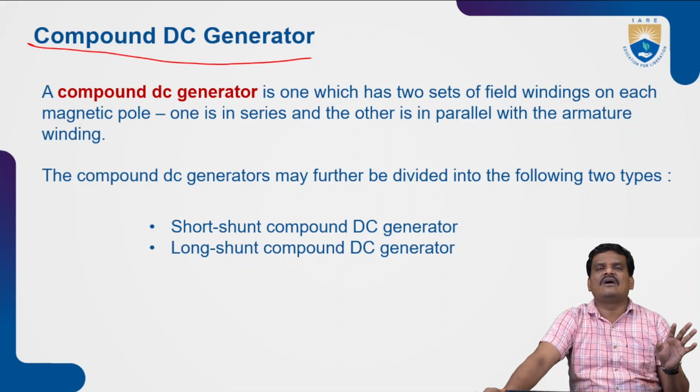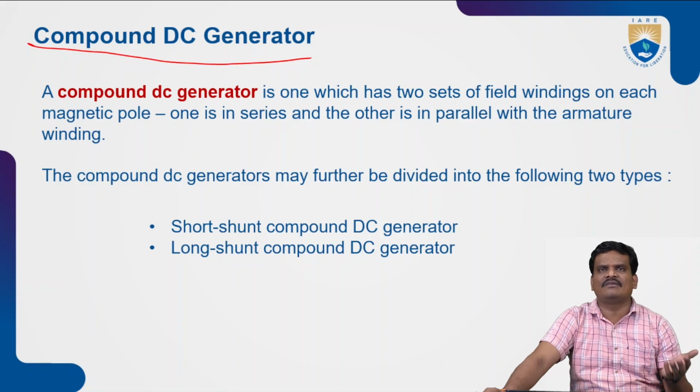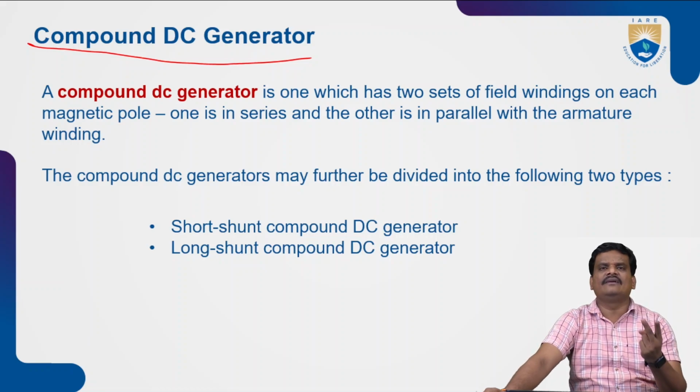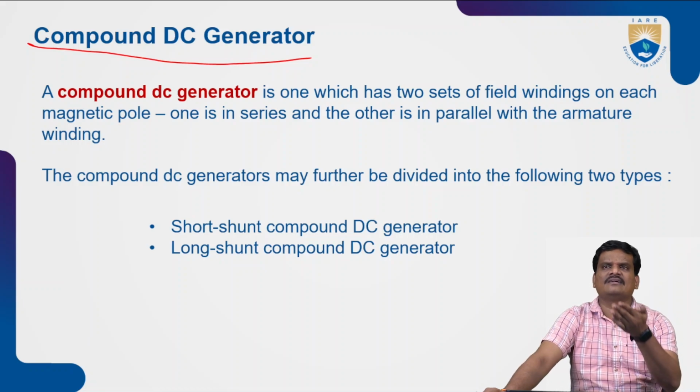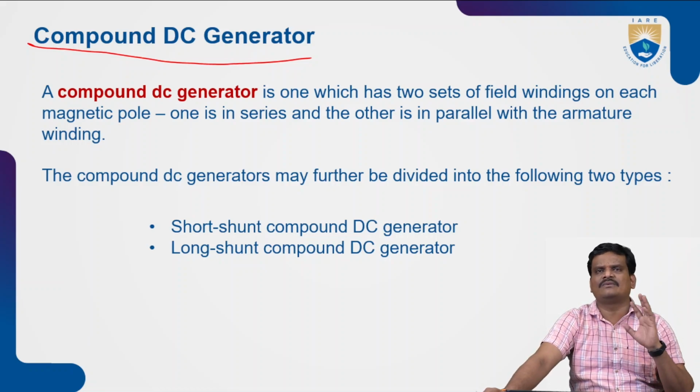In order to draw the connection diagram of a compound DC generator, I need two sets of field windings. One should be connected in series with the armature winding and the other should be connected in parallel with the armature winding.